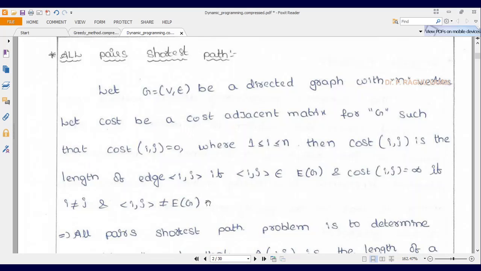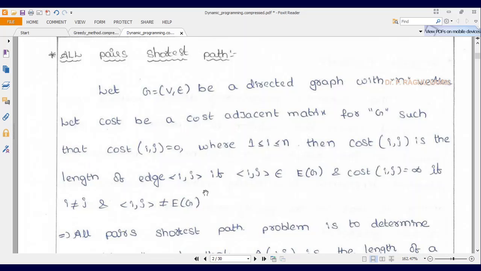So let G = (V, E) be a directed graph with n vertices. Let cost be a cost adjacency matrix for G such that cost(i, j) = 0, where i lies between 1 to n.